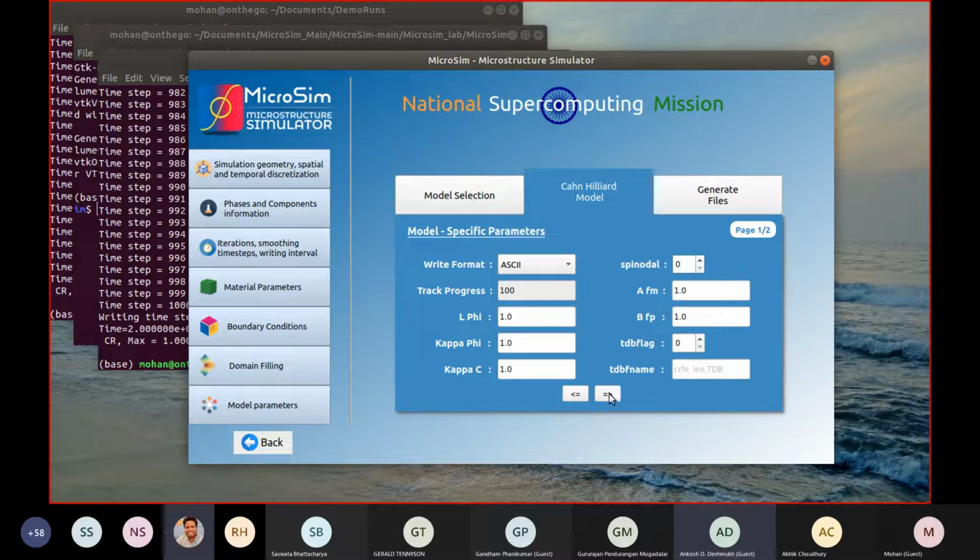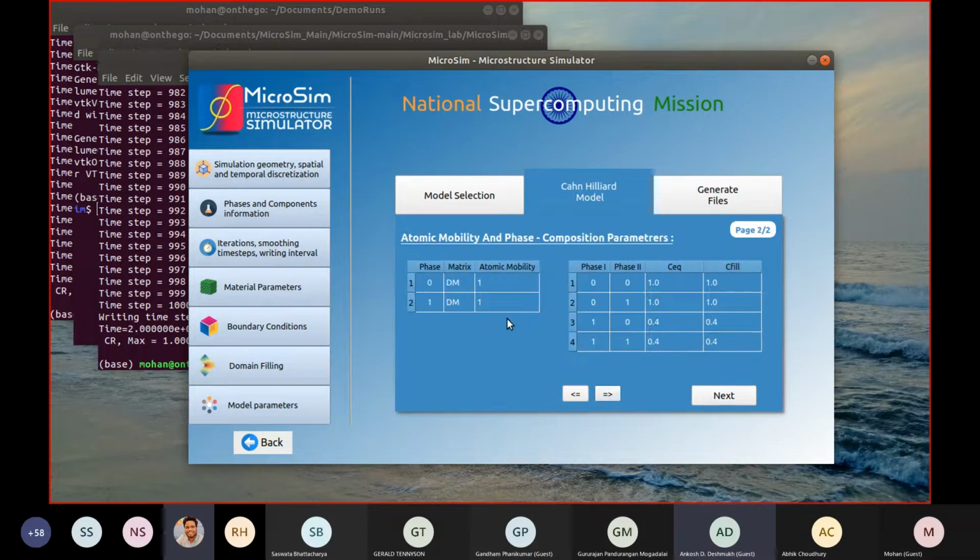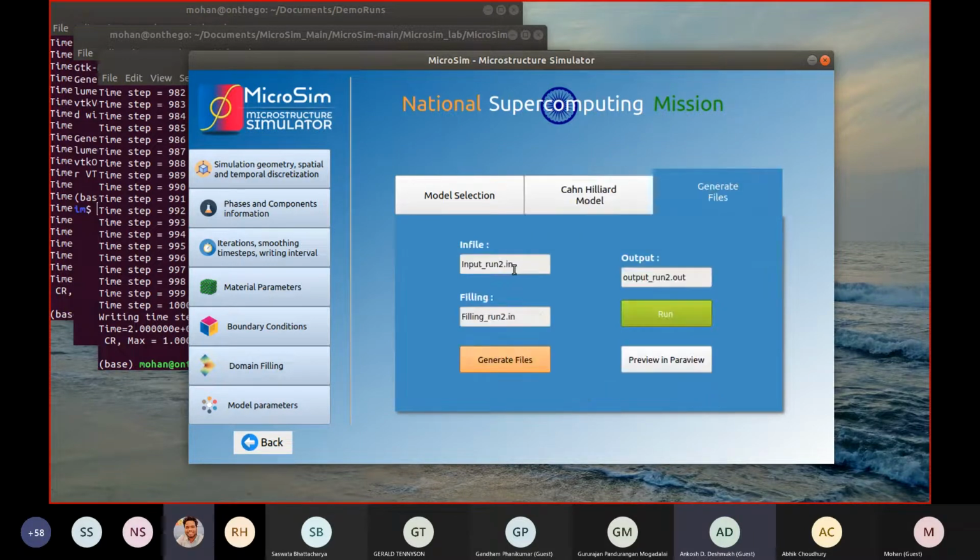Then the scaled values are taken, and instead of 0 for the matrix, we are going to take a supersaturated matrix, and then I am going to generate the module in file run3, and the run3 output is also run3.